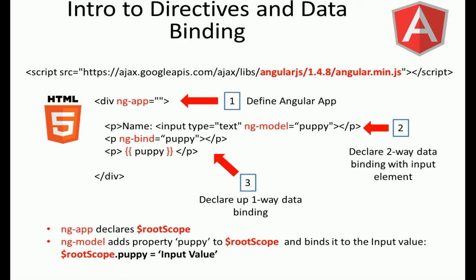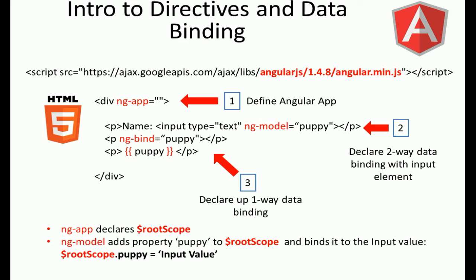Whatever value is carried by root scope.puppy will appear within this paragraph element like a portal from another world, which is the Angular application state. Again, we are using a directive to bind to a scope property, puppy in this case, and the value assigned to the directive identifies the scope property to bind to.